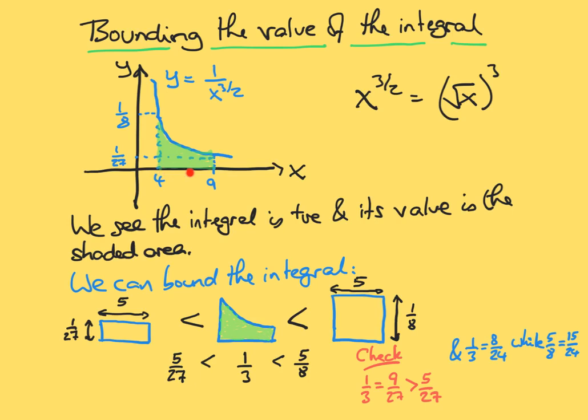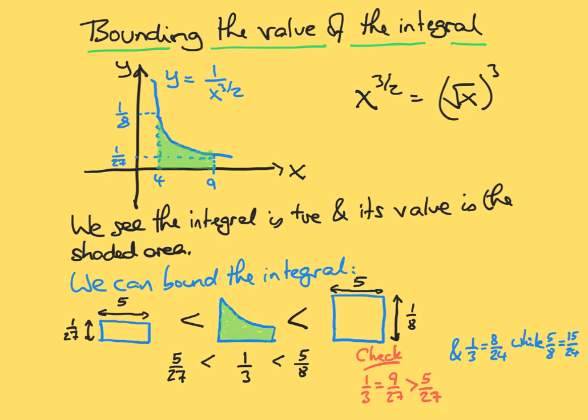So its base would be 5 because 9 minus 4 is 5. And its height would be 1 over 8 because you're going from the x-axis all the way up to 1/8. And that gives us an upper limit. You can see that this area is greater than the value of our integral.